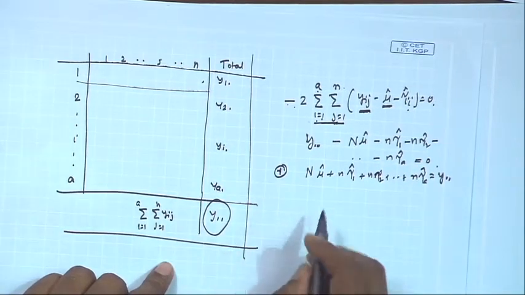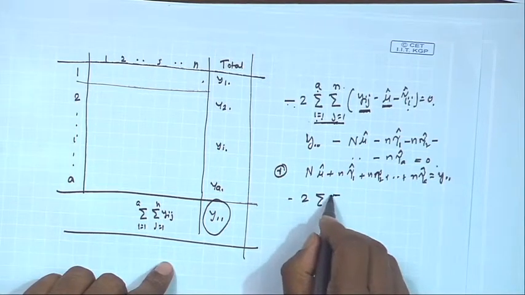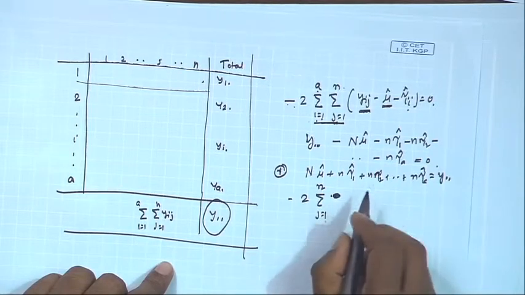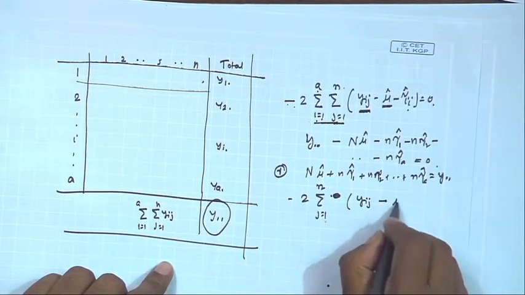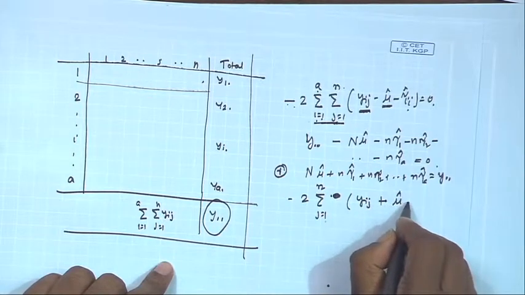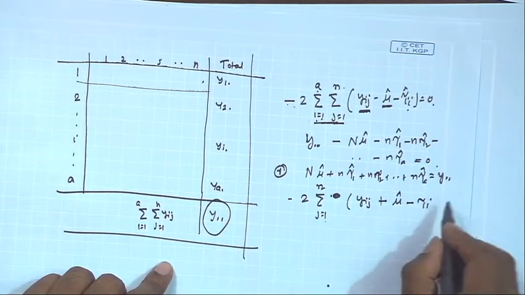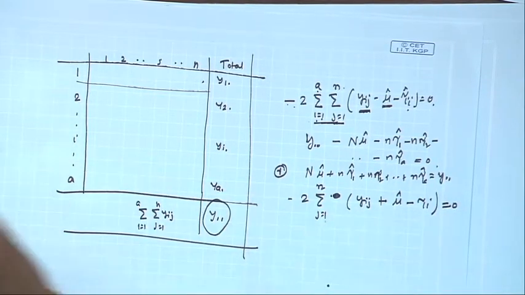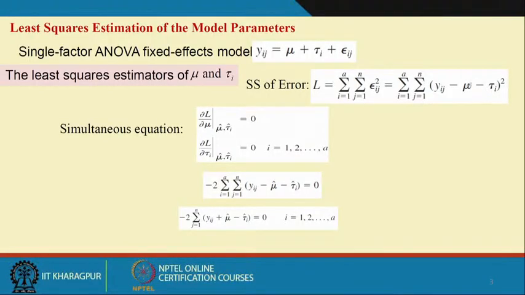The second equation is sum over j equal to 1 to n of yij minus mu cap minus tau i cap. This becomes 0. Suppose you are doing that minus this.